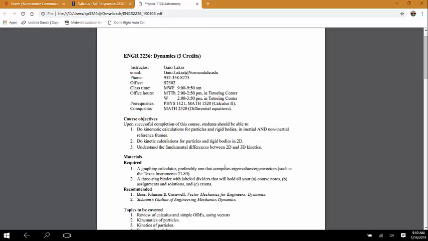The prerequisites are Physics 1 and Calculus 2. And the co-requisite is differential equations. I chose the co-requisite of differential equations just to match the requirements that they use at the U. But everything you need to know about differential equations, I'll tell you in class.